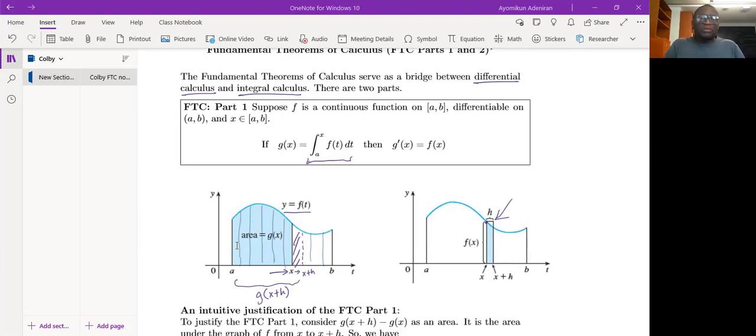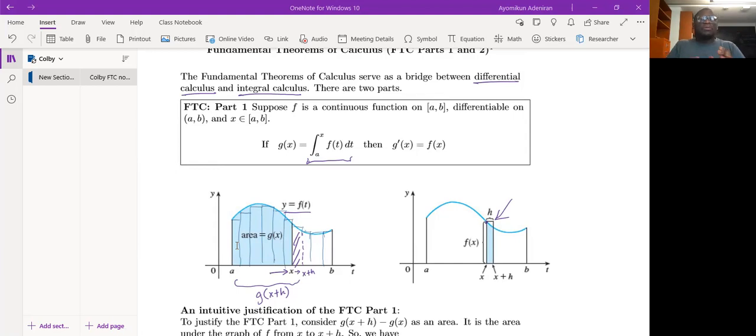Because we know how to find the area of rectangles. Okay, so maybe you can use either the start point or the end point, but let's just use the start point in this case. Each of those areas, when you sum it up, gives you an approximation for the area under the curve.